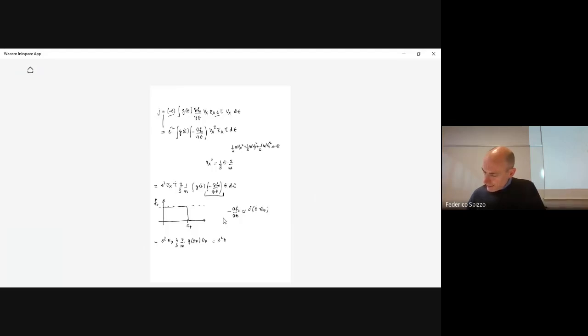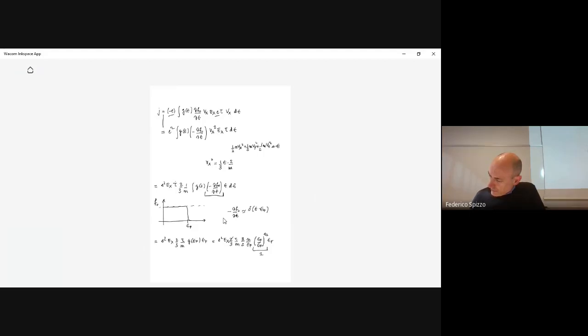G evaluated at EF is 3 divided by 2 electron density divided by Fermi energy, and then we have energy divided by Fermi energy, and this ratio is equal to 1. So here, in principle, I should write EF divided by EF to the power of 1/2, but this is just 1. And then I have EF.